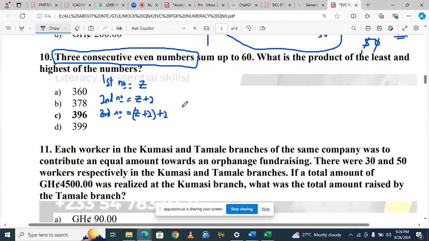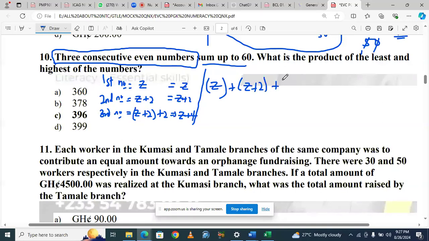I know it's equal to Z plus 4, but I just want to take it so we all get it very well. So this one is Z. This one is Z plus 2. This one is Z plus 4. Now let's continue the question. It says sum up to what? Sum up to 60. So that means we are going to have Z plus Z plus 2 plus Z plus 4 is equal to 60.